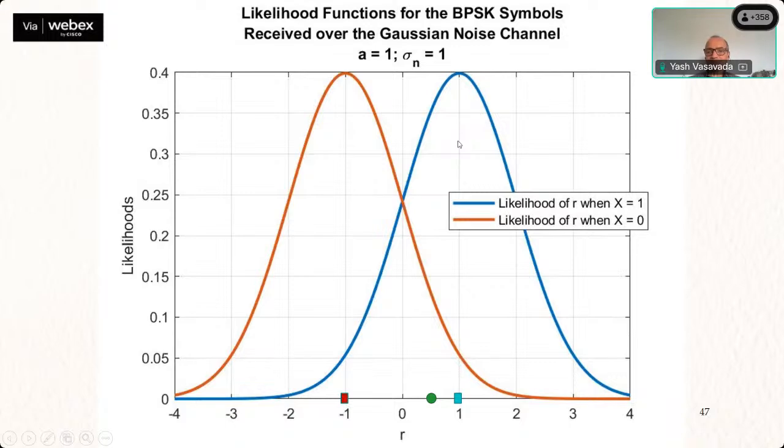Otherwise, it will say that x equal to 1 is more likely. Effectively, the detector is putting a boundary at R equal to 0. All the positive values of R are detected as x equal to 1. All the negative values of R are detected as x equal to 0.